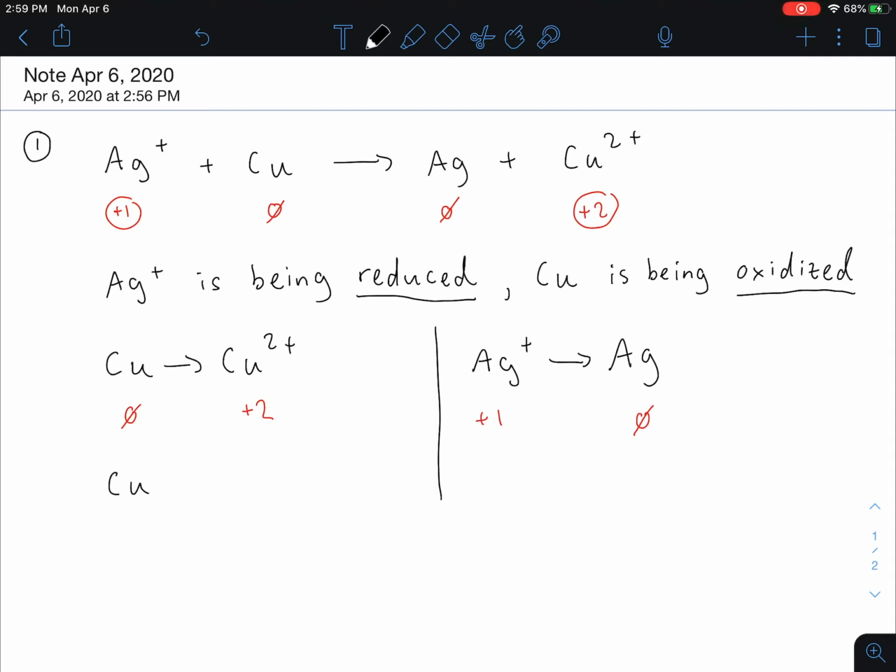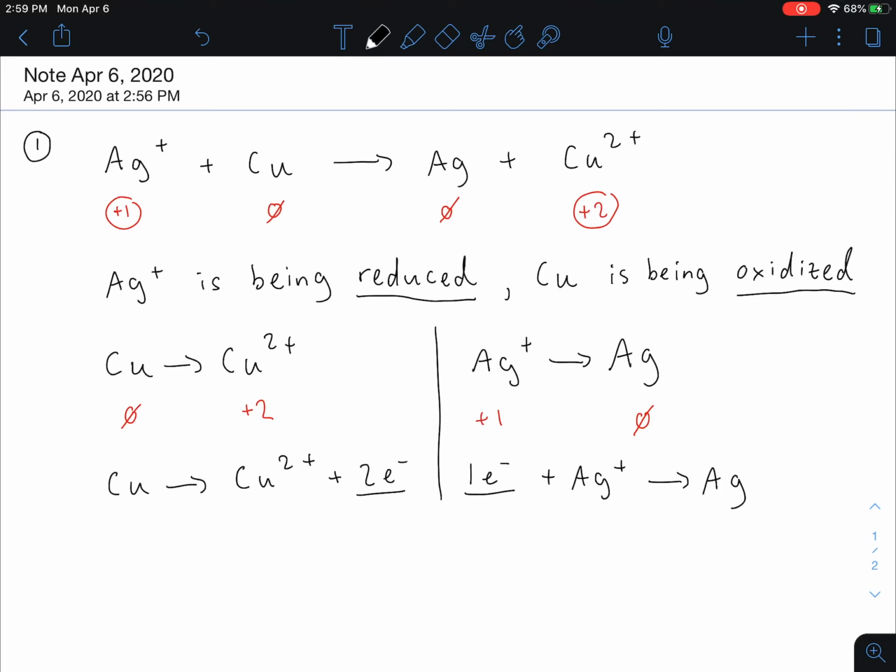So for the copper reaction, that means copper makes copper 2 plus 2 electrons. And then on the other side, it will be the opposite, right? 1 electron plus silver plus makes silver.